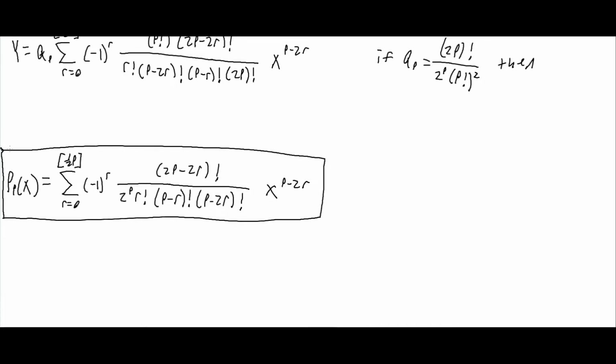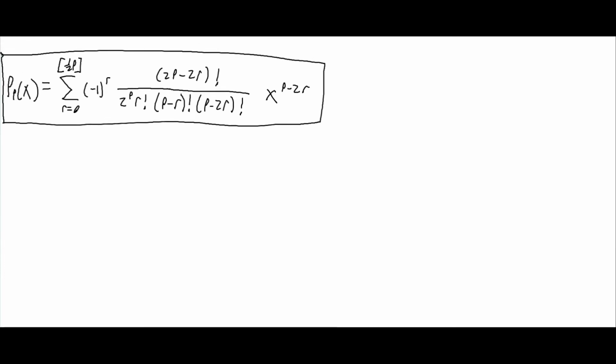And so I actually went through and just did this for p equals 4. I was going to go through it sort of writing it down here, but instead I just took a picture of my notes here.